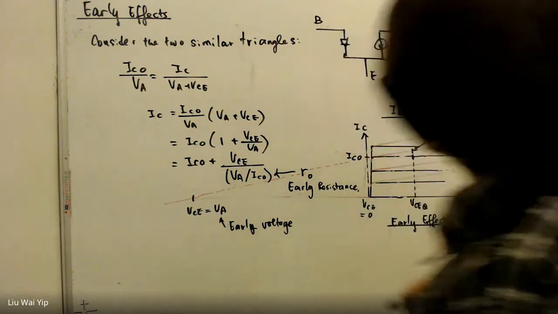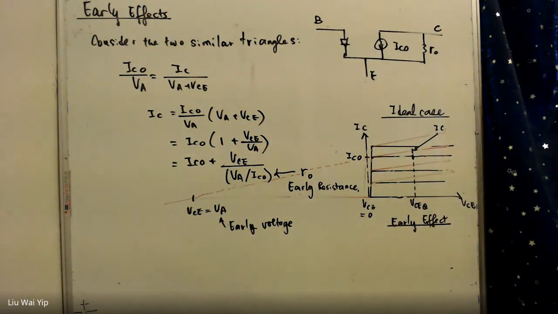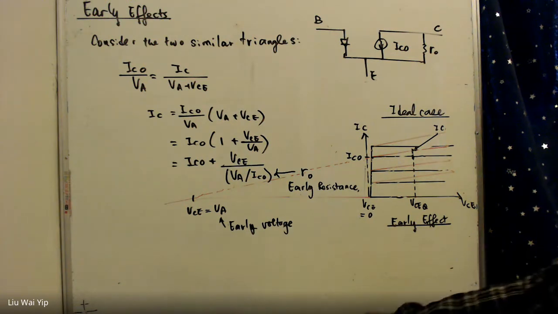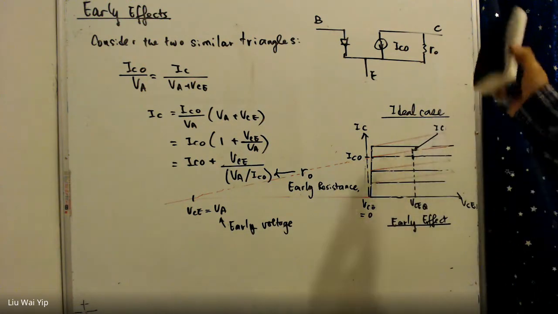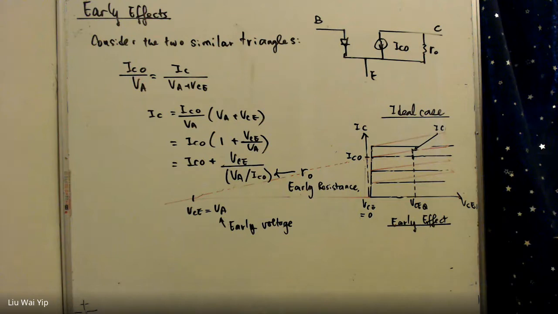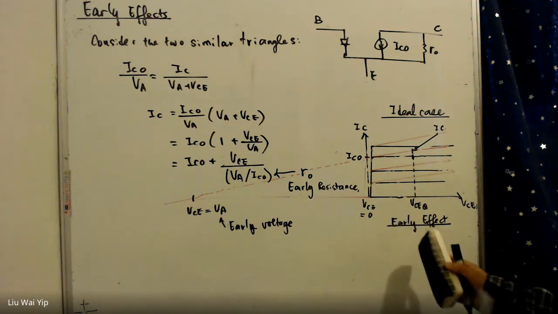So this is the large signal model that you want for the Early effect. But of course, the large signal model is not going to be enough for you. We want to know the small signal model.